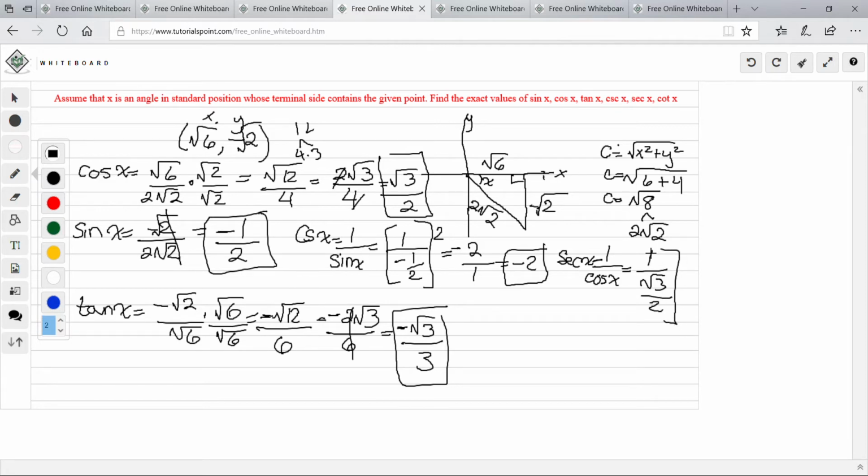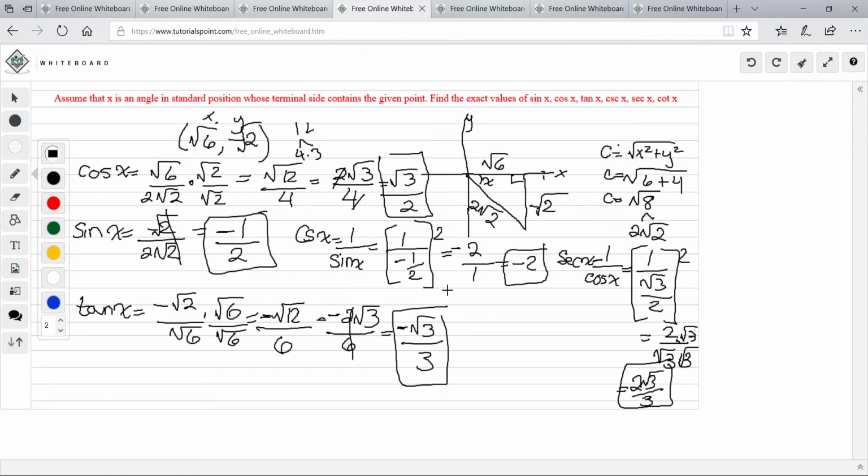Do the brackets, multiply everything by 2, so you're left with 2 over square root of 3. Multiply everything by square root of 3, so you're left with 2 root 3 over 3. So that's your secant. Now, cotangent is really simple. It's whatever the tangent is, just flipped.